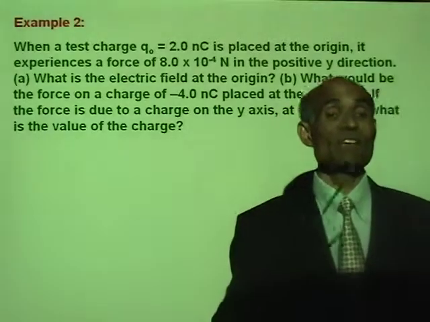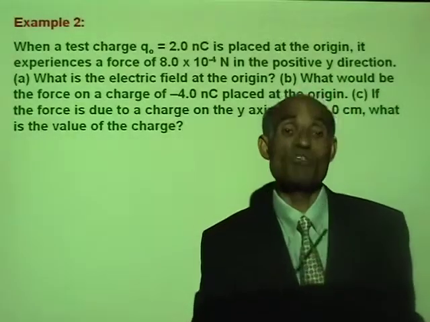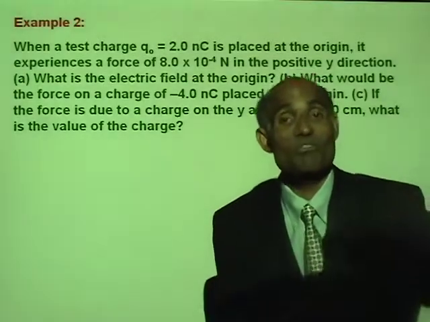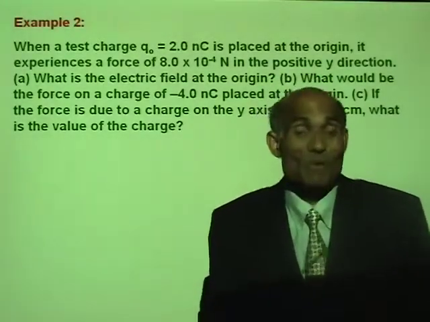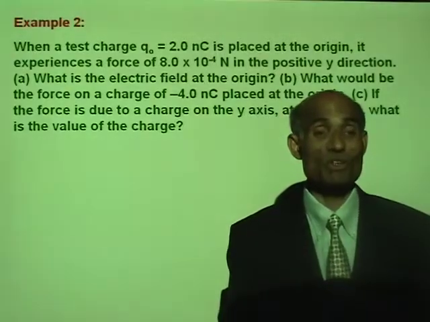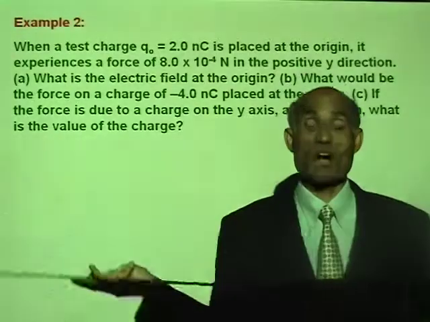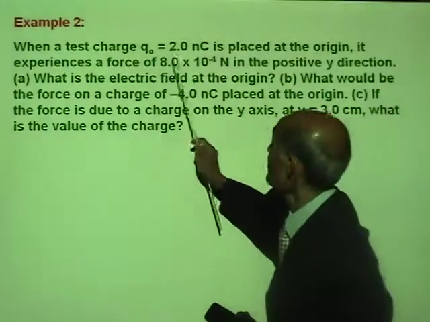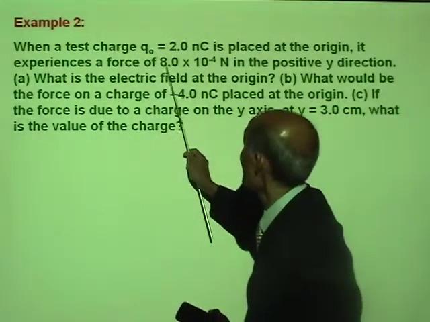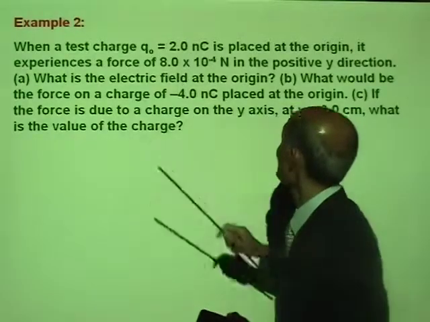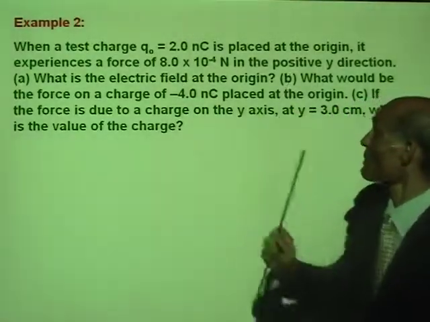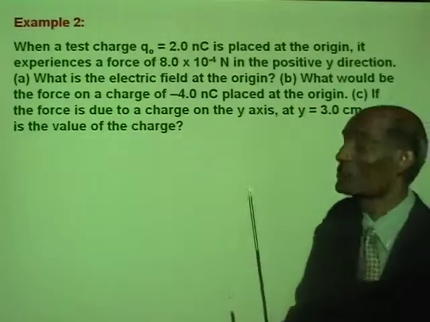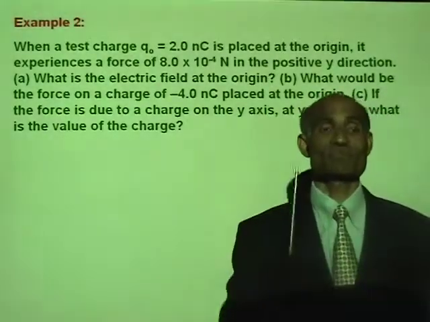Obviously, if a charge is experiencing a force, it means that charge is placed in an electric field. So there is an electric field at the origin due to some charge. We don't know what that charge is. So this test charge experiences a force. How much? This is the amount of force it experiences. And what is the direction of that force? The direction of the force is the positive y direction.